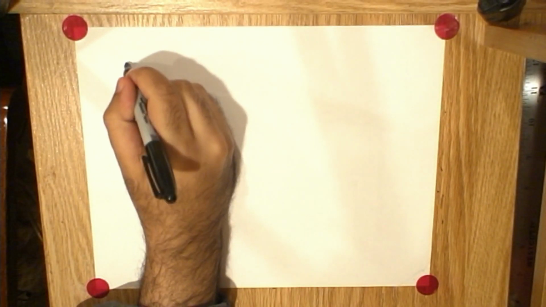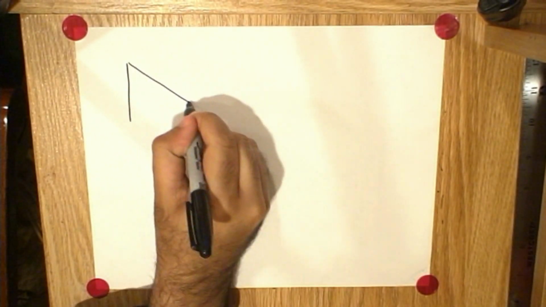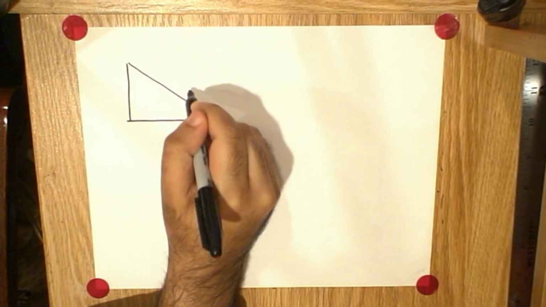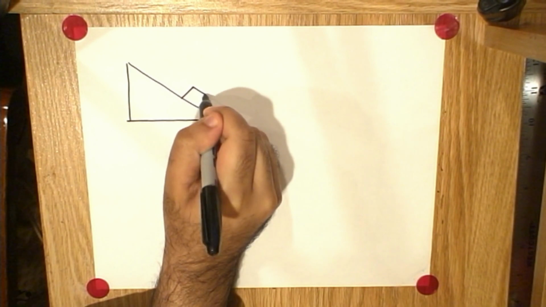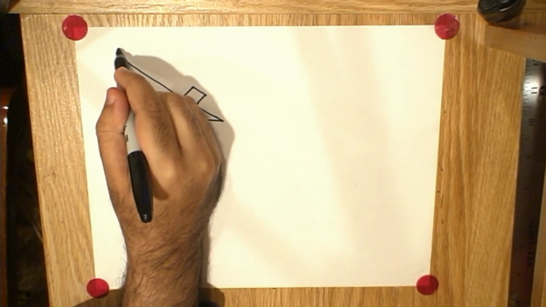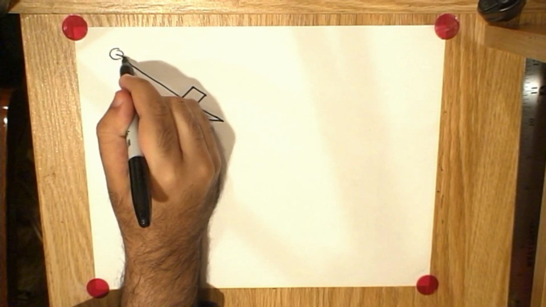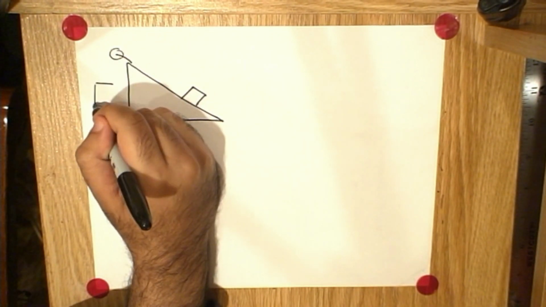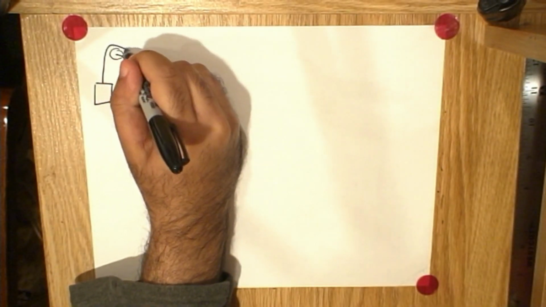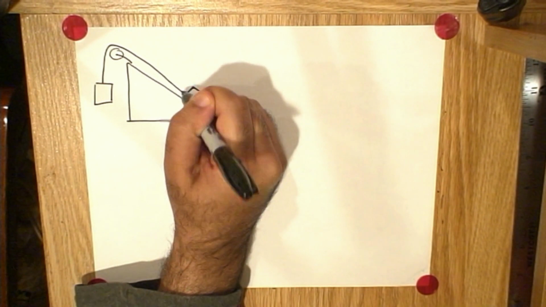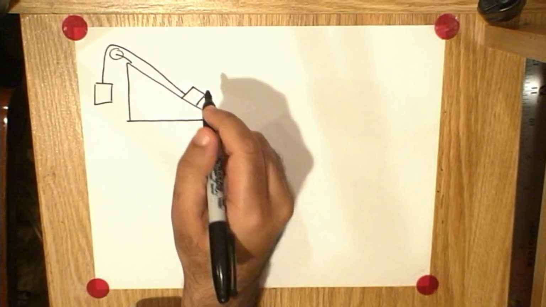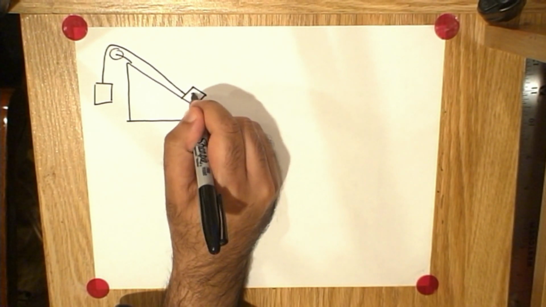Now let's consider this question. So we have our object, which is sitting on the ramp. We still have a pulley wheel, and we still have a second object, which is dangling over the side, and the two are roped together like that. The mass of the first object, the one on the ramp, is 3 kilograms.